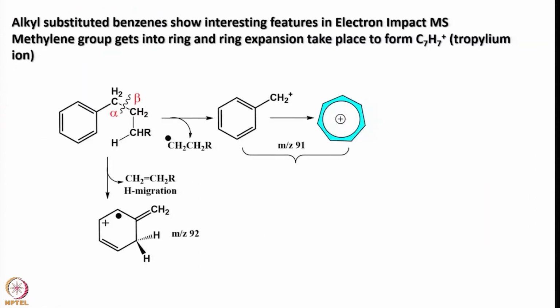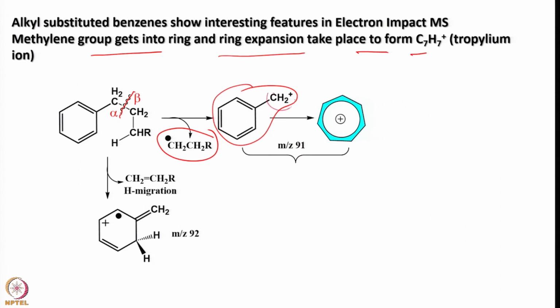Okay. So now let's look into alkyl substituted benzenes, which show interesting features in electron impact mass spectra. The methylene group gets into the ring and ring expansion takes place to form the C7H7 tropylium cation. How does that happen? For example, this is the bond vulnerable for cleavage, alpha beta, and then you can get a radical like this, and then this gives a tropylium by this one getting inserted into the ring here.